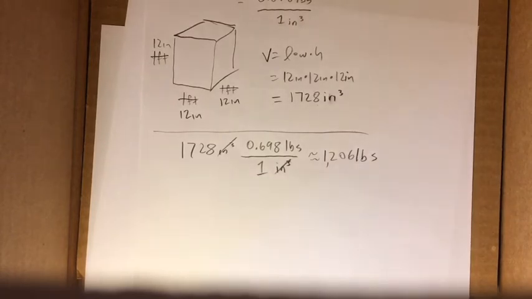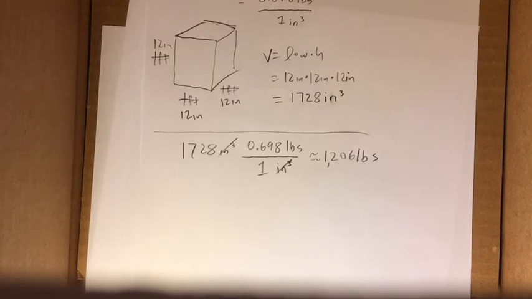I don't think there are many humans that can lift 1,206 pounds. So that is pretty interesting, at least for me. And the value of that would be, who knows? I mean, a pound of gold is, I mean, this would be possibly worth $1 million. Here, I'm going to pause and I'm going to try to find some info, and I'll let you know how much money this would be worth.